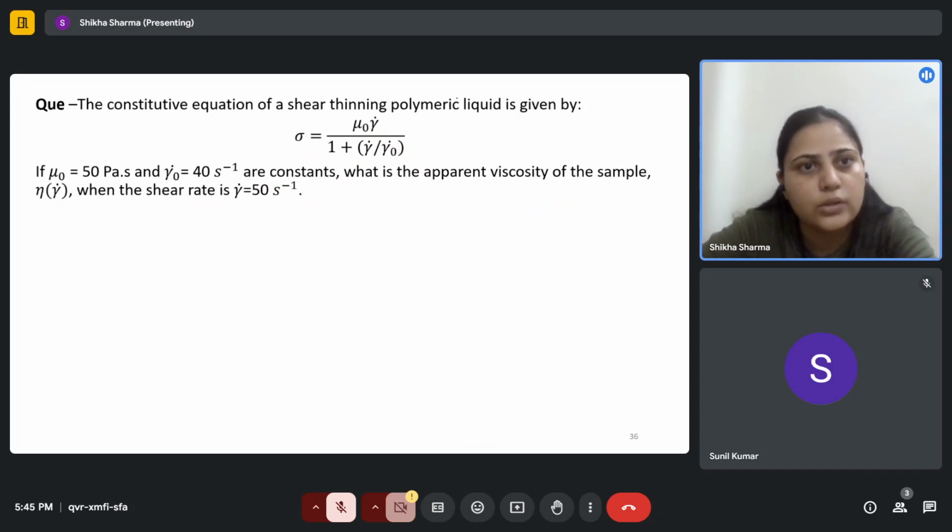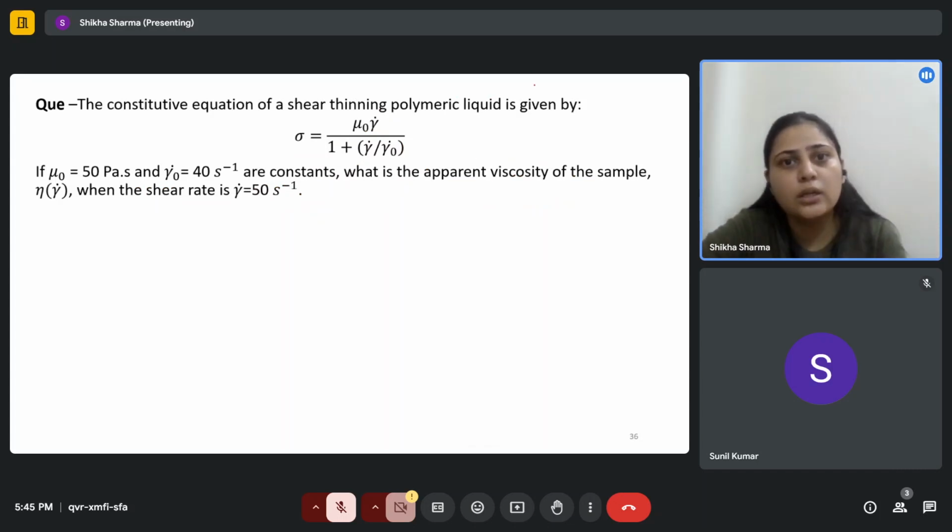Next is the constitutive equation of a shear thinning polymeric liquid, given by sigma equals mu naught shear rate divided by 1 plus shear rate divided by shear rate naught.